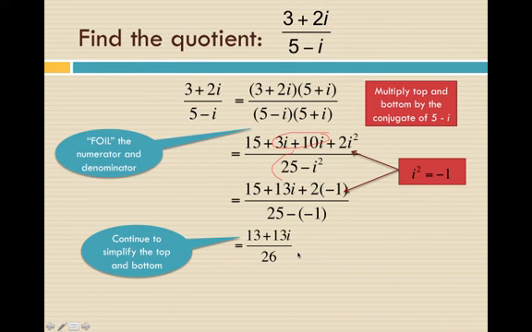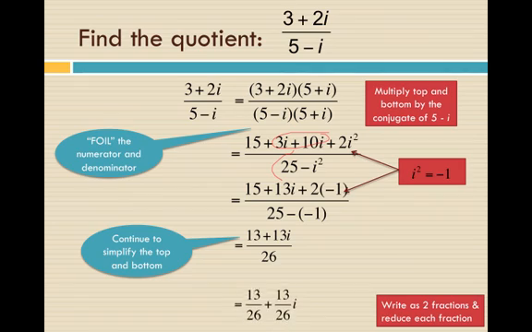I combine the top, I combine the bottom, and I have 13 plus 13i over 26. Is this your final answer? Well, most likely when a math teacher asks you that, the answer is no. Rather than looking at it as one fraction, let's write it as two fractions. When you do this, it's amazing visually how your eyes say, whoa, I think I can reduce 13 over 26.